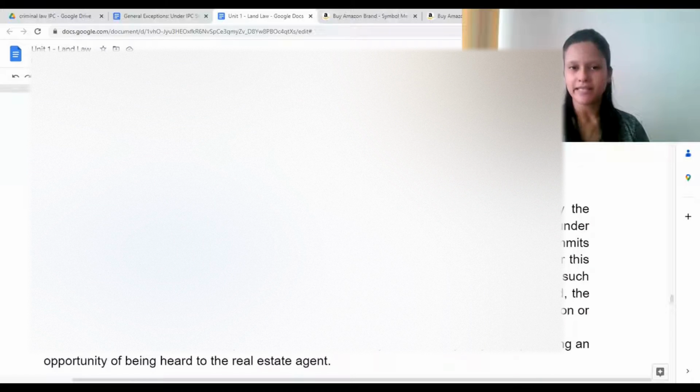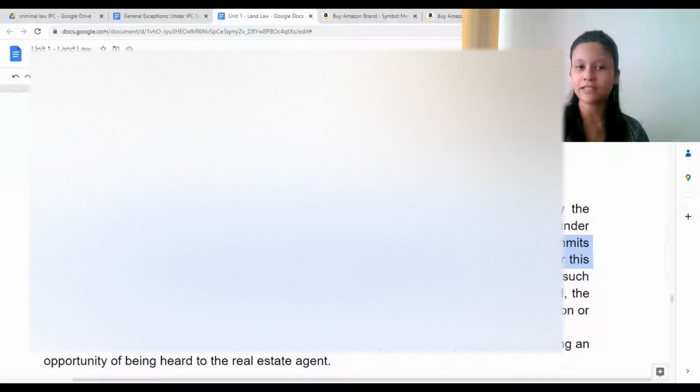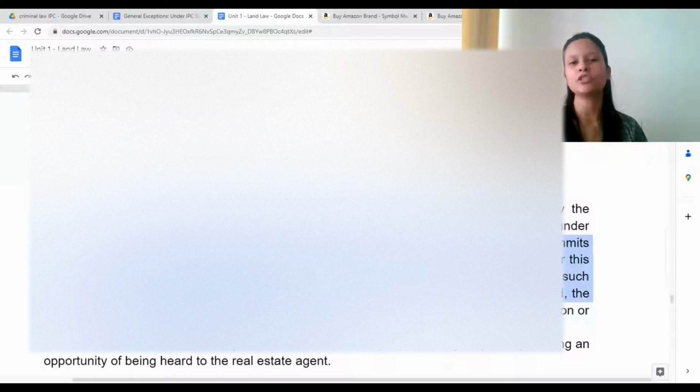Where any real estate agent who has been granted registration under this Act commits breach of any of the conditions thereof or other terms and conditions specified under this Act or any rules and regulations made thereunder, or where the authority is satisfied that such registration has been secured by the real estate agent through misrepresentation or fraud, the authority may, without prejudice to any other provisions of this Act, revoke the registration or suspend the same for such time as it thinks fit.